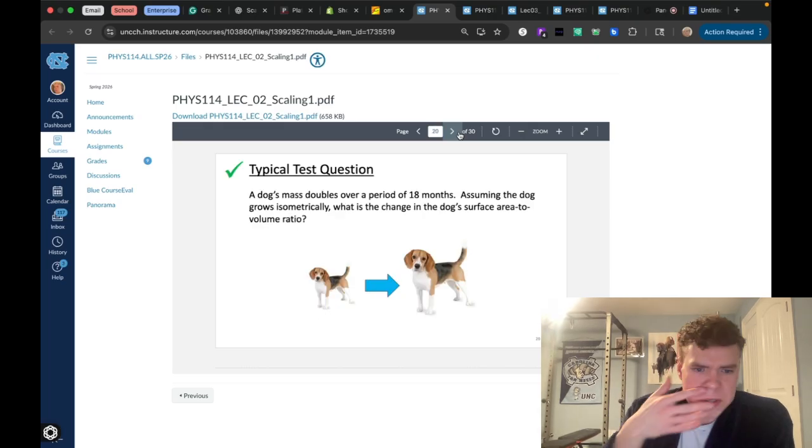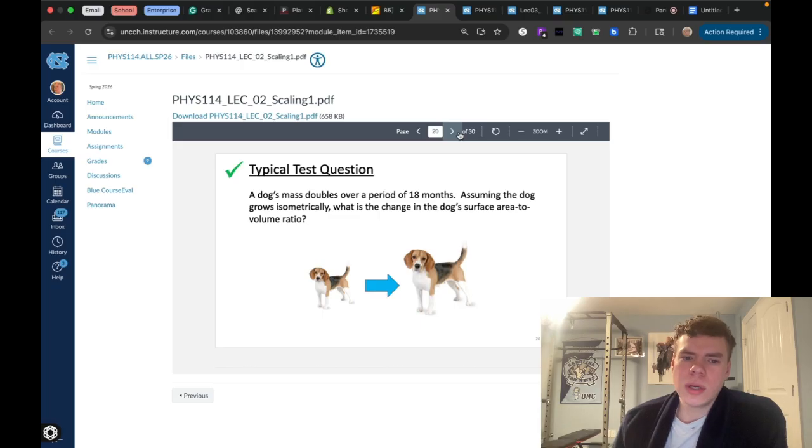Typical question. A dog's mass doubles over a period of 18 months. Assuming the dog grows isometrically, what is the change in the dog's surface area to volume ratio? So we just said surface area grows at a rate of size squared, and volume grows at a rate of size cubed.